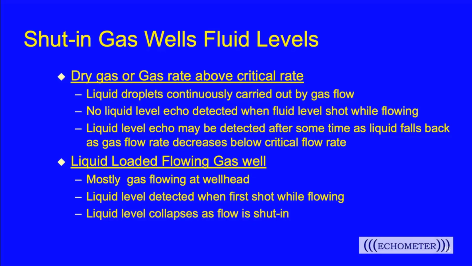It will no longer be a gaseous column. It may get pushed back into the formation. Just on a side note, we generally don't like liquid loading wells because that liquid loading is holding back production. It increases the producing bottom hole pressure. So we'll take steps generally, or try to take steps to eliminate that liquid out of the well, whether it's plunger lifts, soap sticks, or other things.